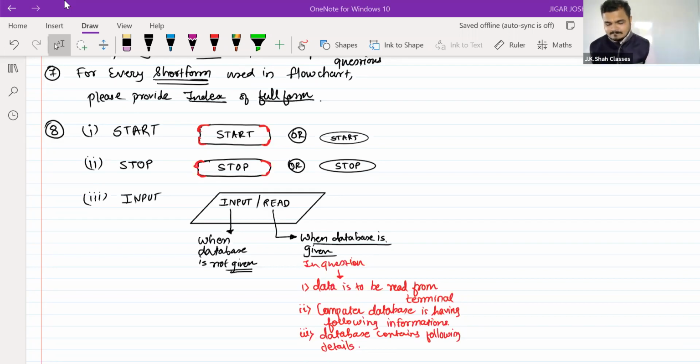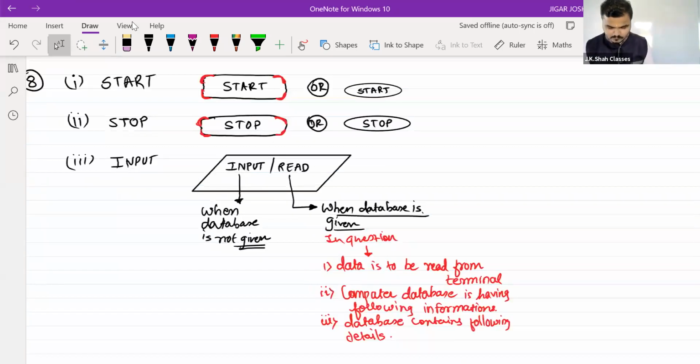Done, my dear students. People, first you understood how the input command is, how to draw the input box, in which you have to write down the two commands or any one command out of these two.